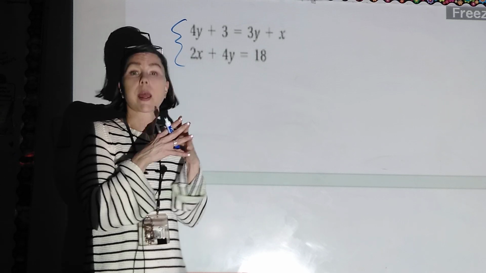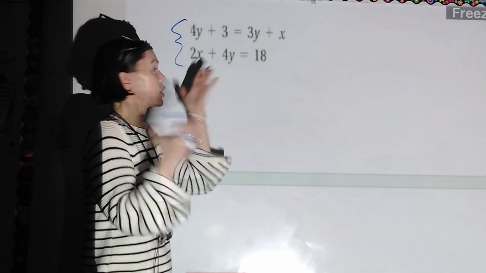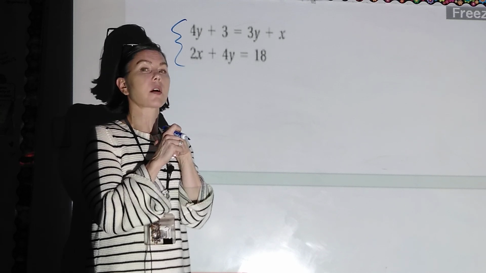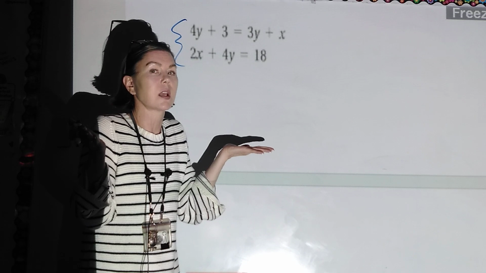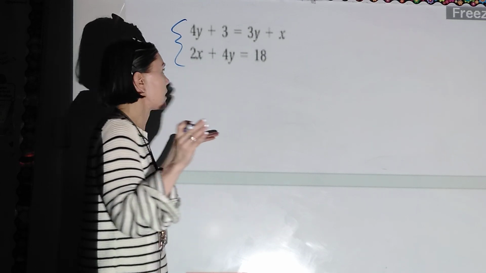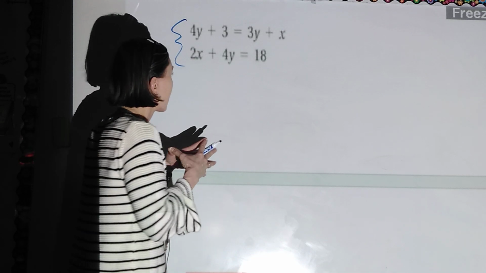So step 1 is to make sure that one of these equations is solved for a variable. Well, this is an awesome example because neither one of these equations is solved for a variable. So that means that I need to try to simplify some things here, okay?